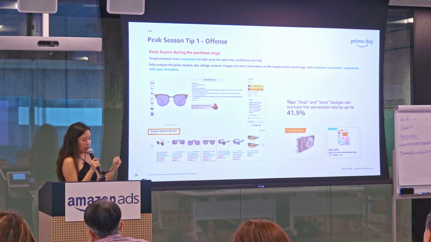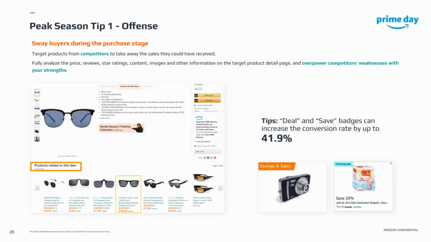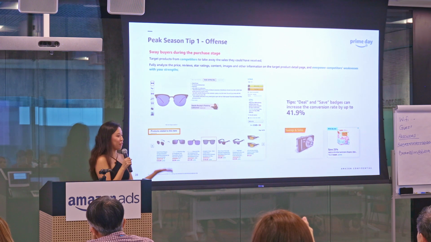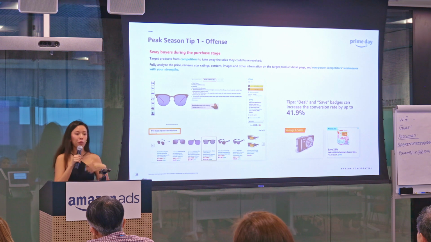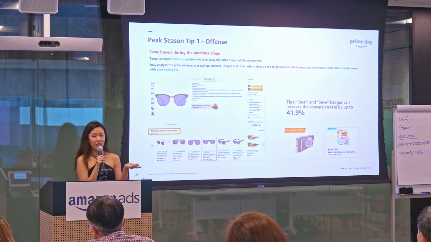For example, in the offense strategy, what you want to do is convince buyers. You can target products from competitors, steal traffic, and drive more traffic towards your products. For example, you could be a challenger brand. I hope everyone here is a market leader, but you could also be a challenger brand. And you know, for example, that your product is on par with one of the best sellers within the category.